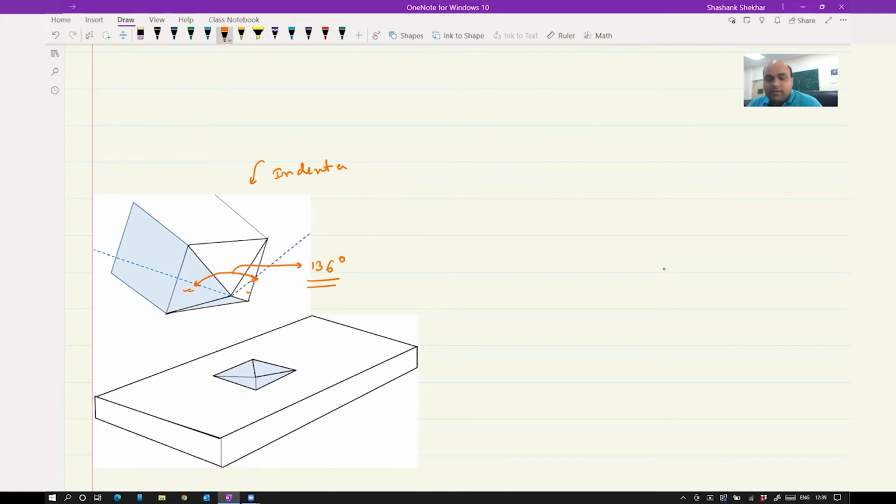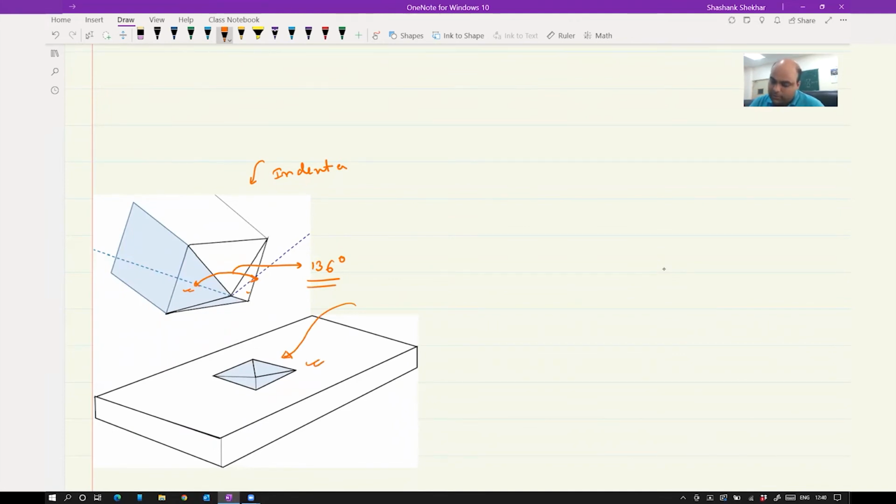So the angle between the two opposite faces in the diamond pyramidal indenter used in Vickers test is going to be 136 degree. Again the indenter is made up of diamond, and the indent impression shape is going to be something like this.